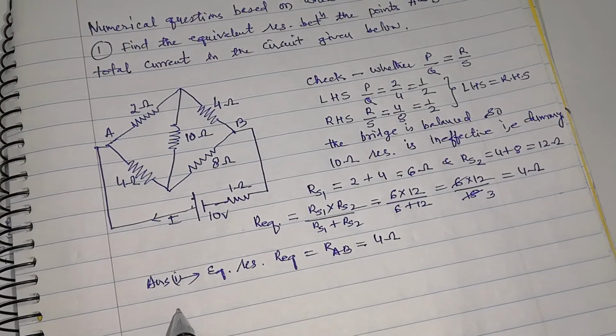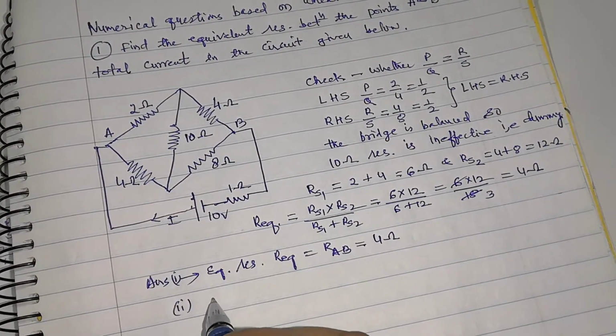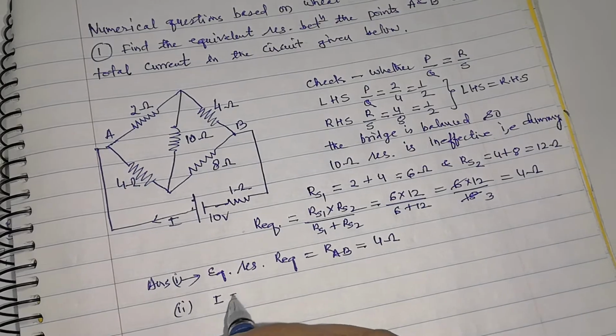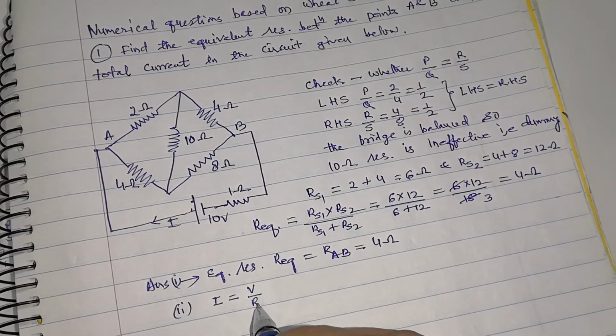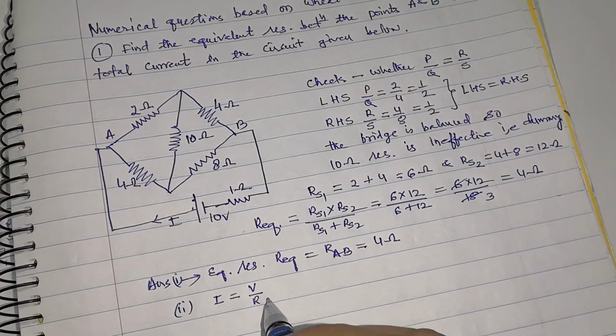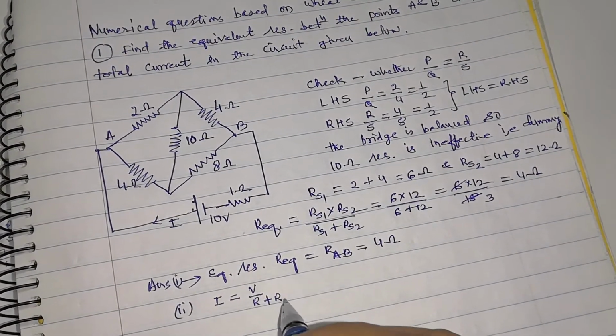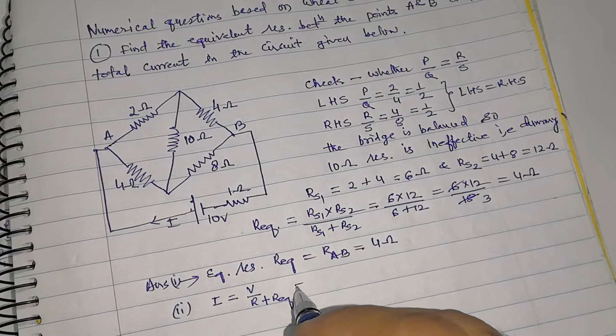Now for the second answer, we have to find the current I equal to V by R plus R equivalent.